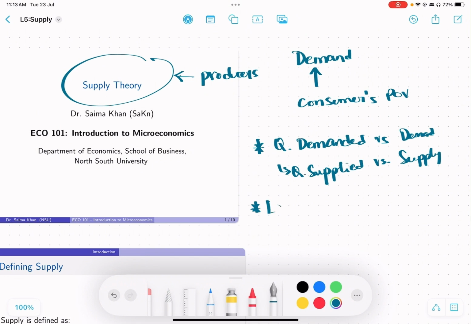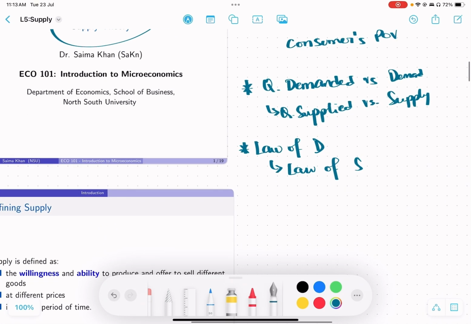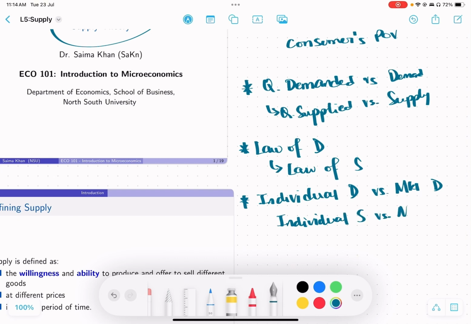Before we looked at the law of demand, now we're going to look at the law of supply. Before we had looked at individual demand versus market demand, now we're going to look at what we mean by individual supply versus market supply. And what you'll notice is that if you understood what was happening with the demand side of things, it is quite similar when we are looking at it from the producer's point of view.